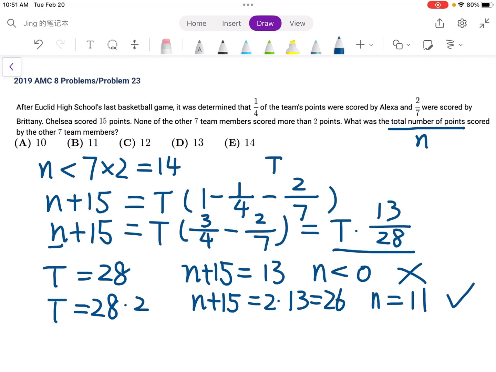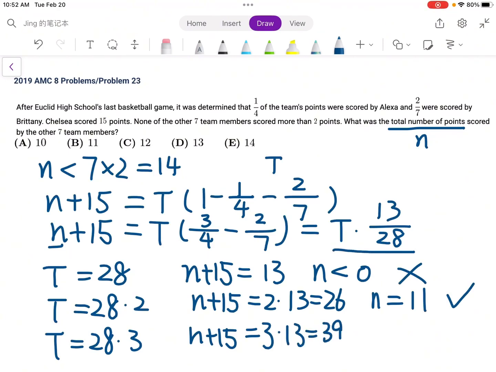Let's look at when T equals 28 multiply 3, n plus 15 equals 3 multiply 13 equals 39, and n equals 39 subtract 15 equals 24. This is larger than 14, so it's not possible. So n should be equal to 11.